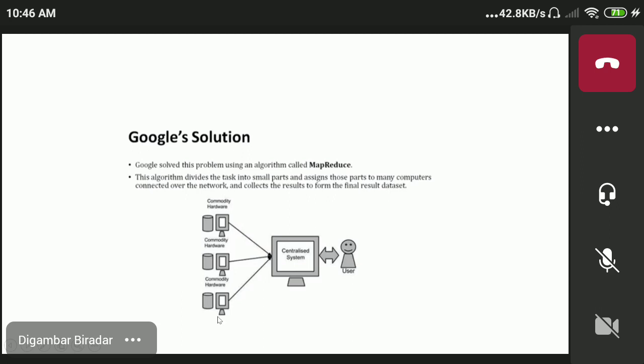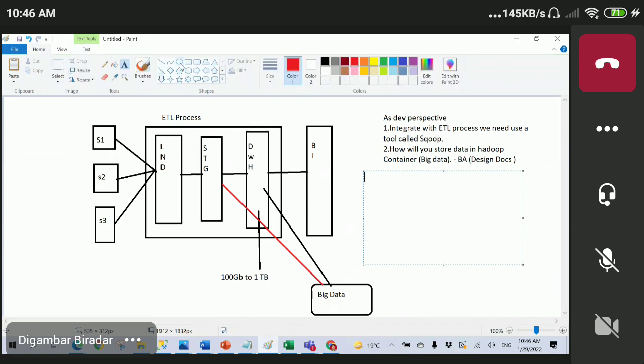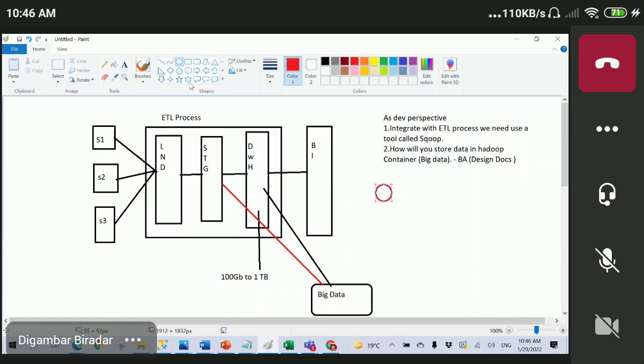कैसे मैं बोलता हूँ इसको? This is central system, but we have not connected it.